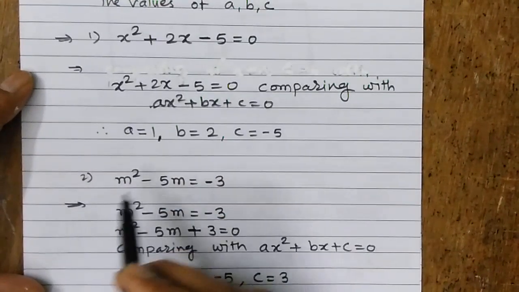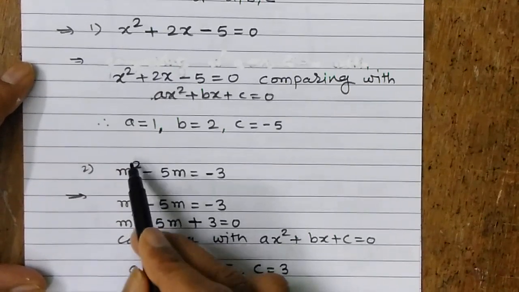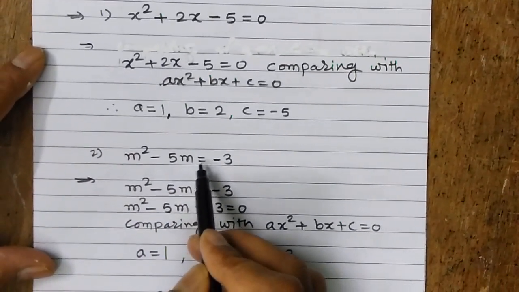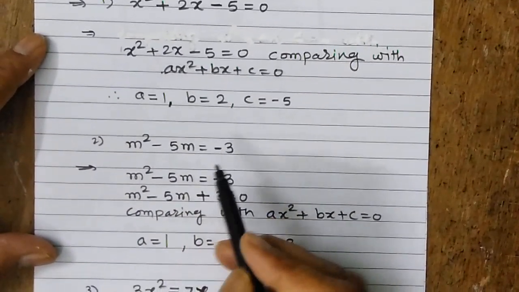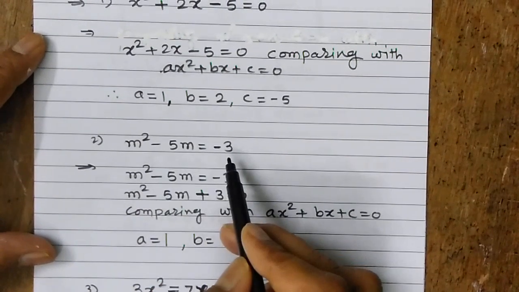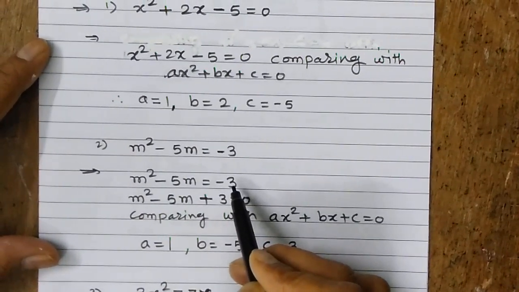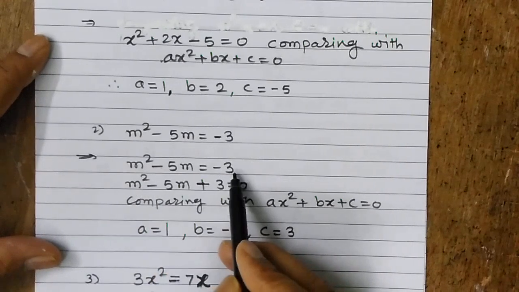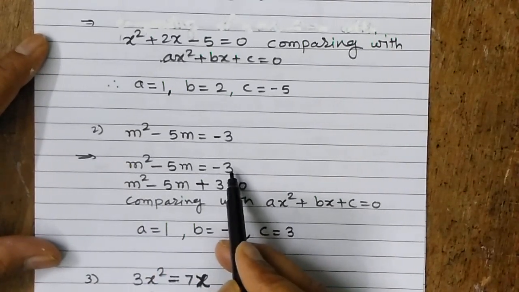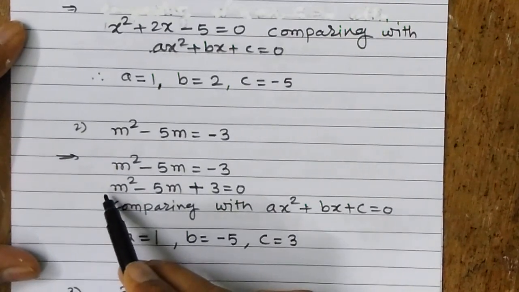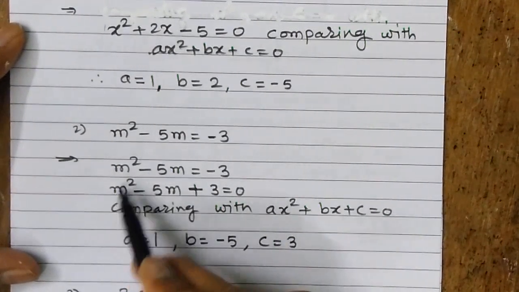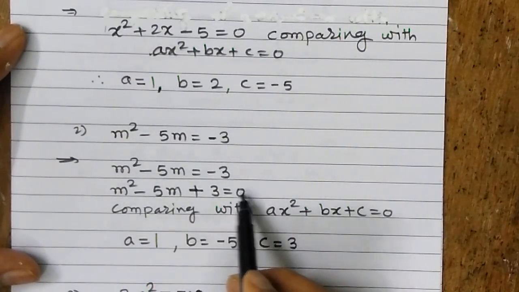Now example number 2. M square minus 5m is equal to minus 3. Write down the quadratic equation as it is. Now to write it in the standard form, transfer this minus 3 to the left side: m square minus 5m plus 3 is equal to 0.